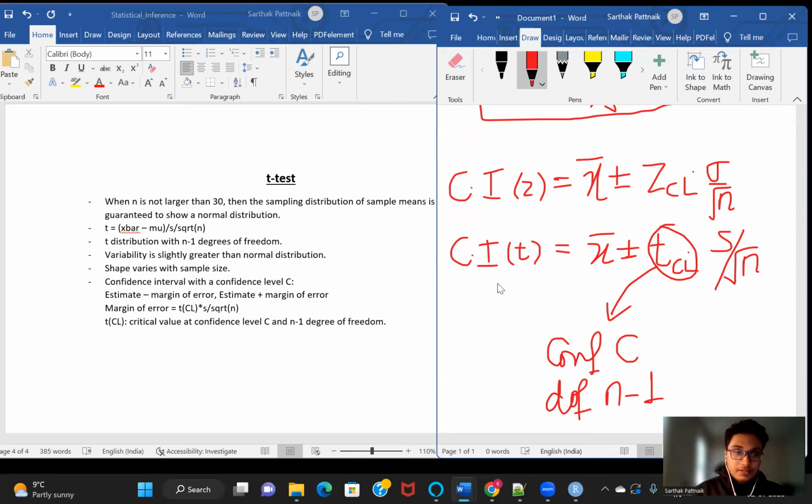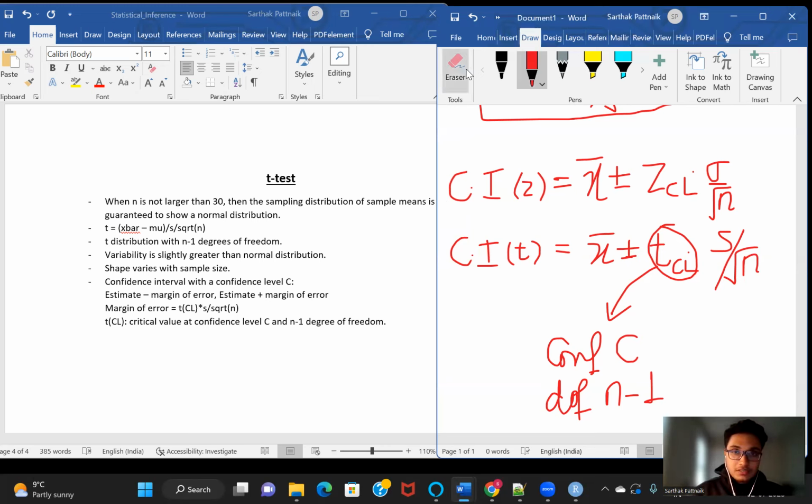And if you clearly see, the general idea of confidence interval matches that. It is estimate plus and minus margin of error. Margin of error for a t-test is t critical into s by root n, right? So what is this degree of freedom n minus 1? How do you calculate the critical value for a t-test? All of these pointers we'll be seeing very soon in our upcoming sessions.